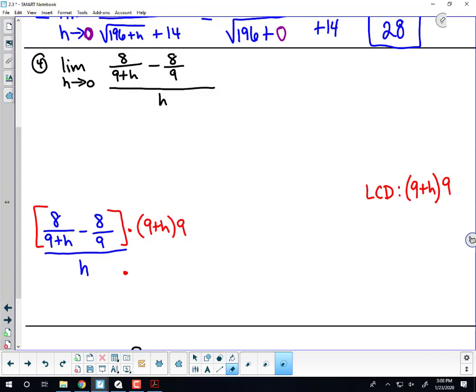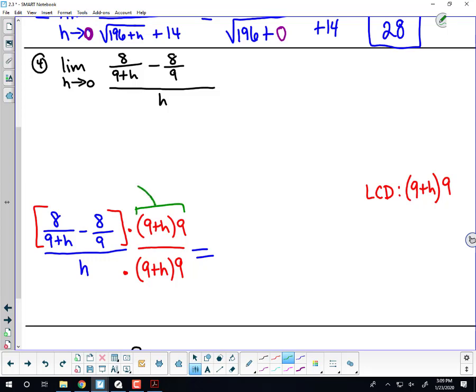So 9 plus h times 9, multiply that top and bottom. We've got two terms up top, so don't forget to distribute the 9 plus h times 9 to both of those terms. So on the top, what do we get? Do it this way.